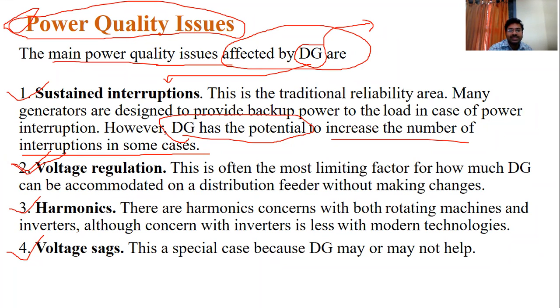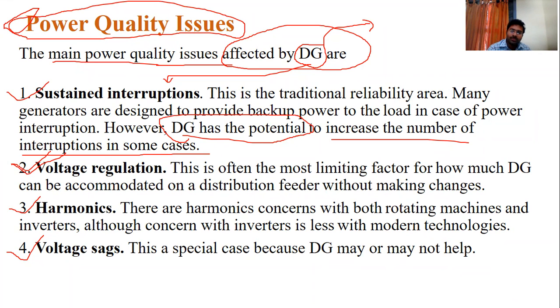Okay, so now see how these DGs will help to reduce the voltage regulation in the power system. At the same time, there are harmonics because of using power electronic converters. When you are talking about DC, in most cases we are considering solar plants.